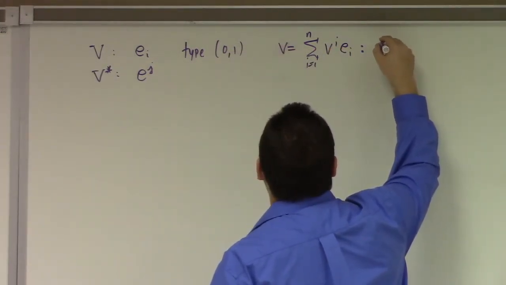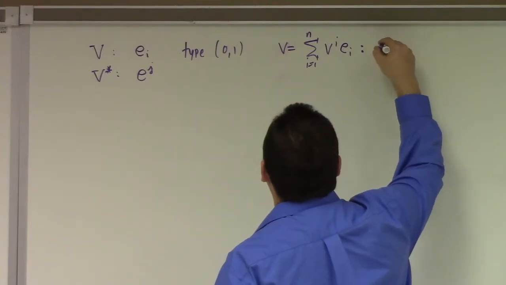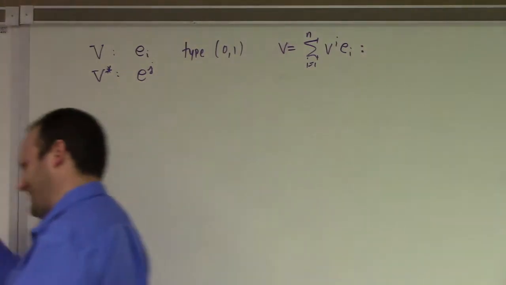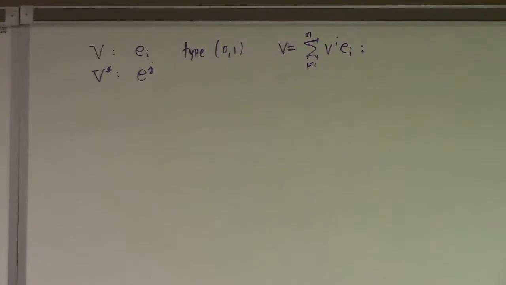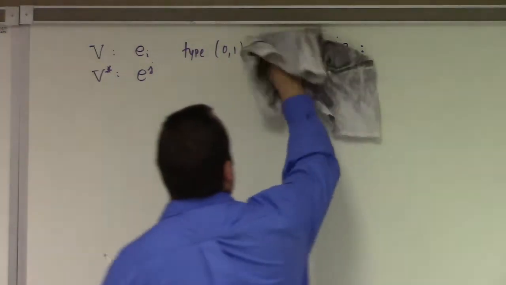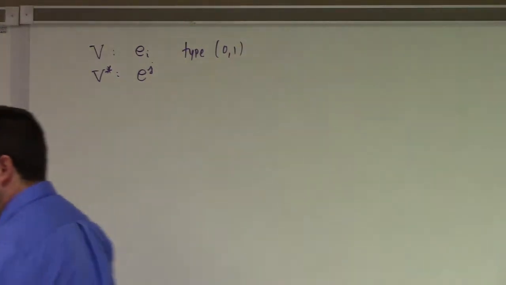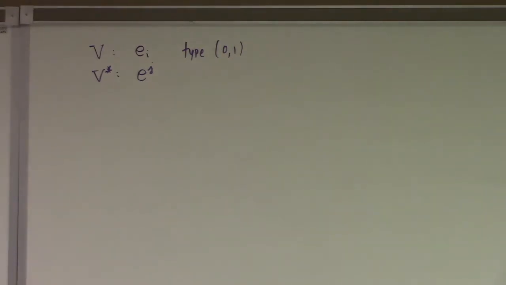A mapping from what to what? Oh, you know what? I could do this, but this is stupid. Let me stop that. I have more interesting things to get to today. So this is in V dual.